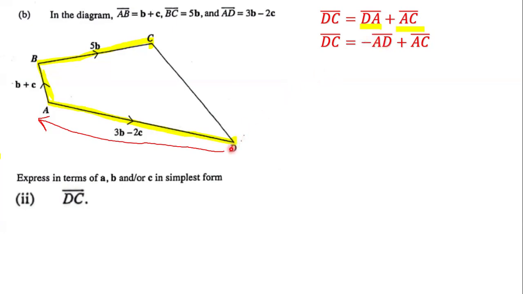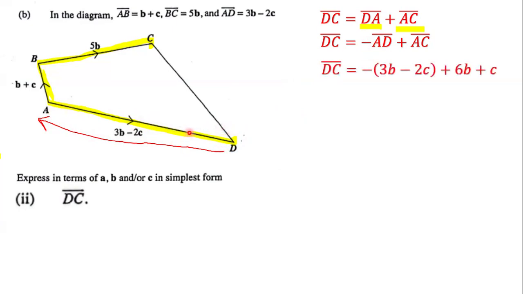The reason why I put the negative sign is because D to A is going in the opposite direction of A to D.